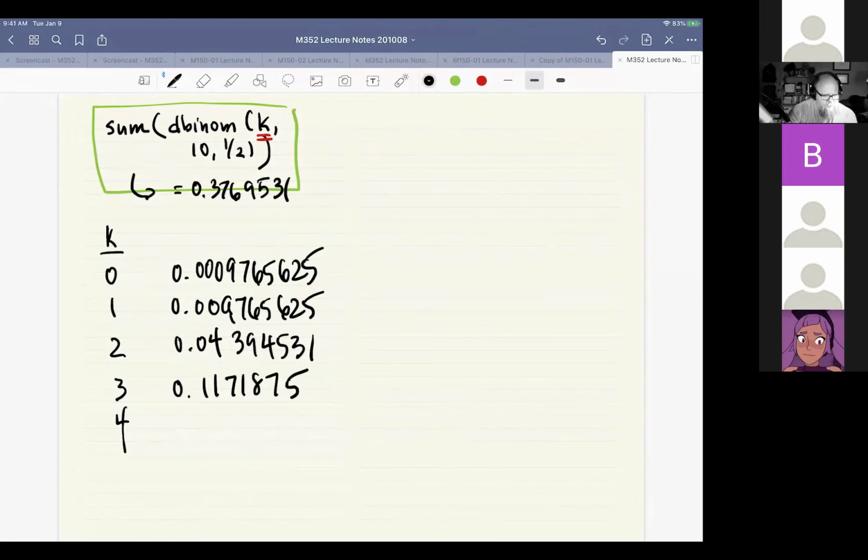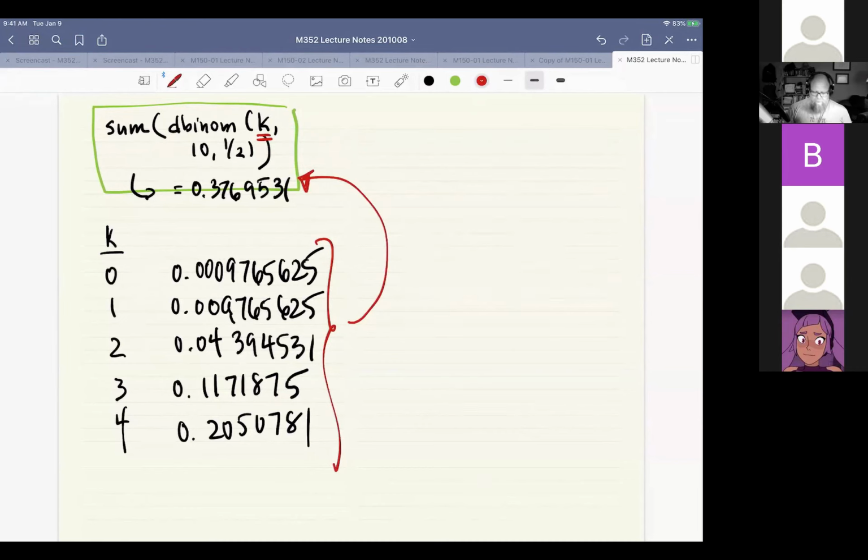And what's the probability you get four heads? And if you look at those individual numbers, it looks indeed like they sum up to that number. So the summation way of doing it seems to work.